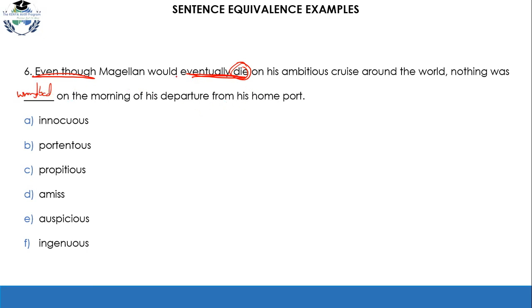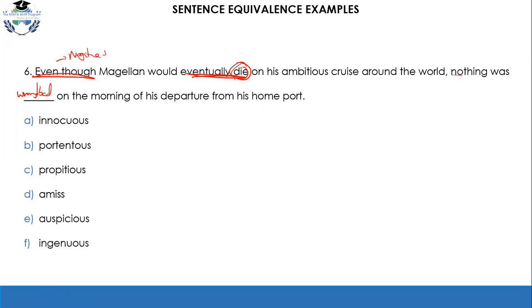So he would eventually die. So even though here negates the second part. Even though he would eventually die, nothing was blank on his morning. So nothing was wrong, right? Everything went well on his departure from home. So even though everything went well when he started, he would eventually die. So that's what even though means here.